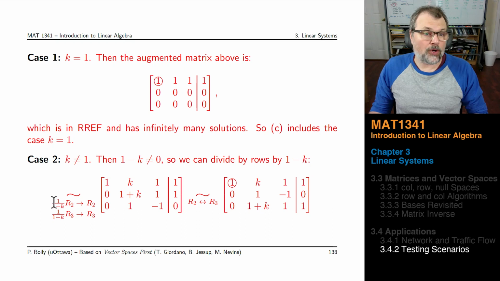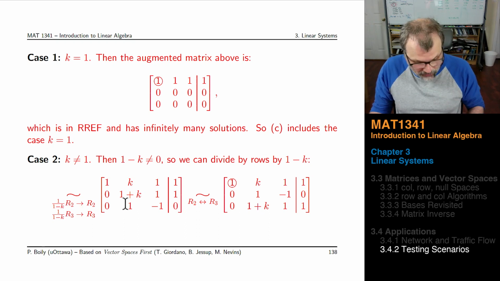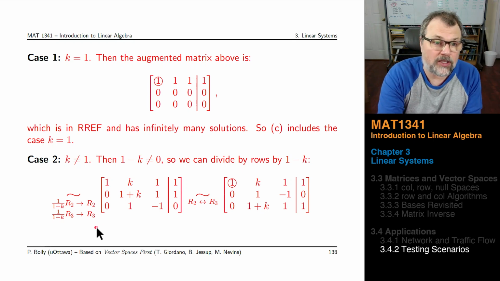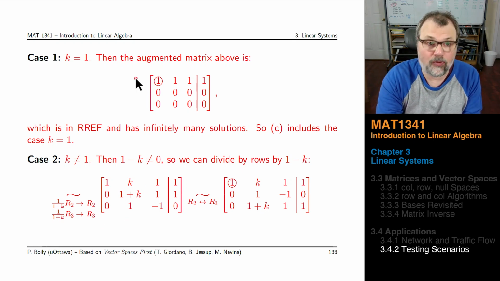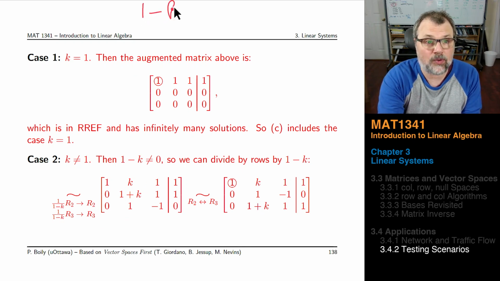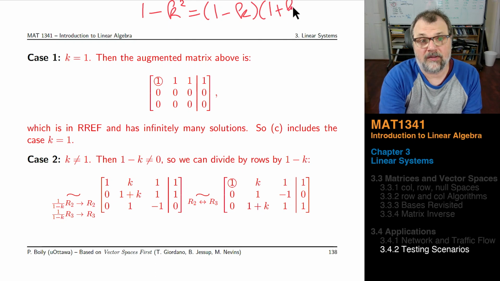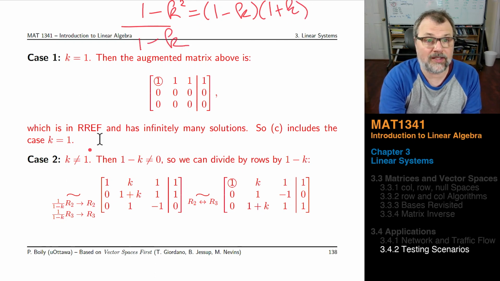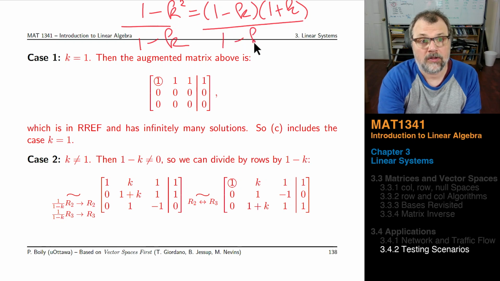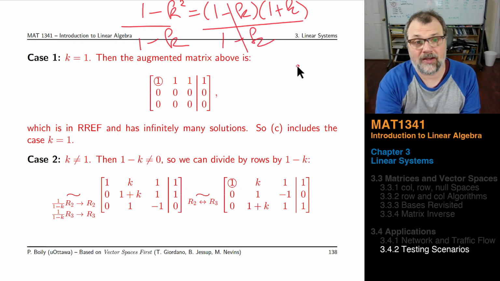So if I do 1 over 1 minus k times row 2 into row 2, what do I get? Well, I had originally in this position for row 2, 1 minus k squared. I remember that this is 1 minus k over 1 plus k. And if I divide that by 1 minus k, assuming of course that k is different from 1, then these 2 terms cancel out and you're left with 1 plus k.